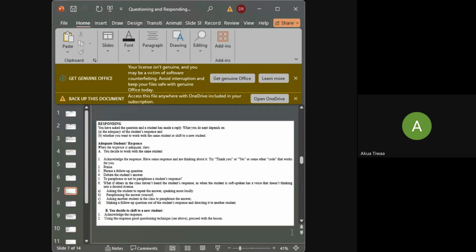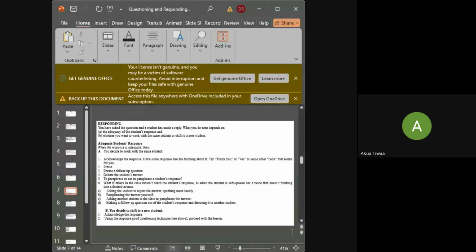So if you decide to work with the same student, that is what you're supposed to do. If the person answers and the response is accurate, you acknowledge the response, you praise the person, you can give a follow-up question because you want to work with the same person.